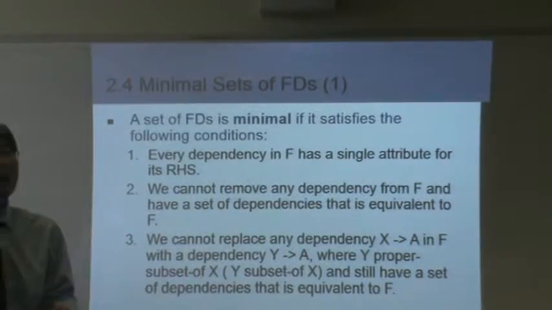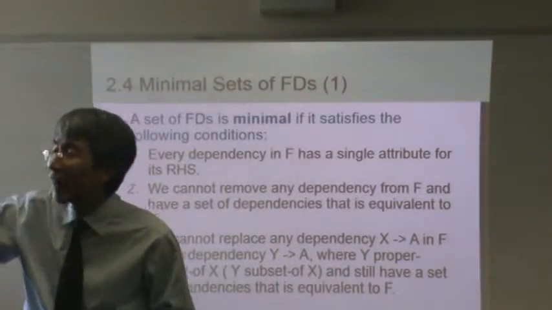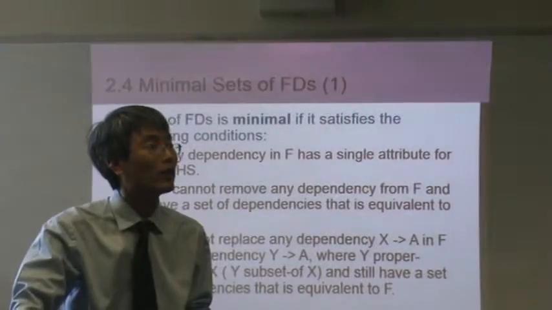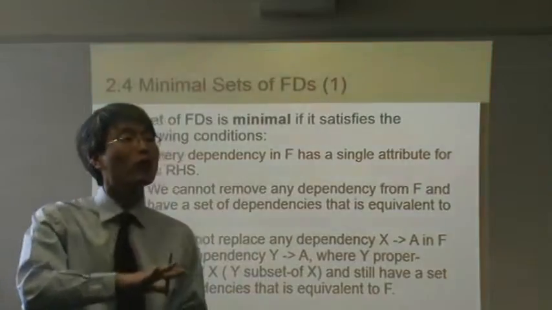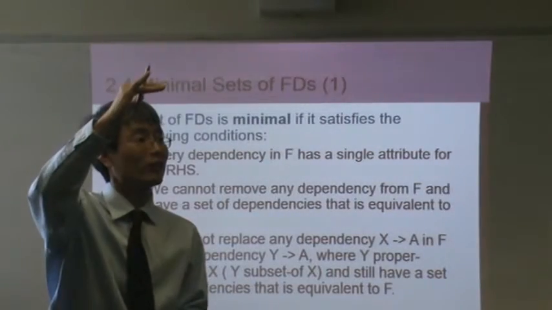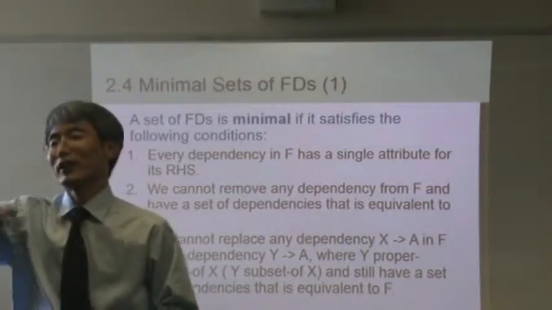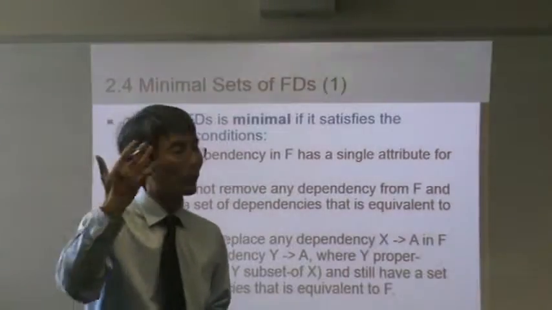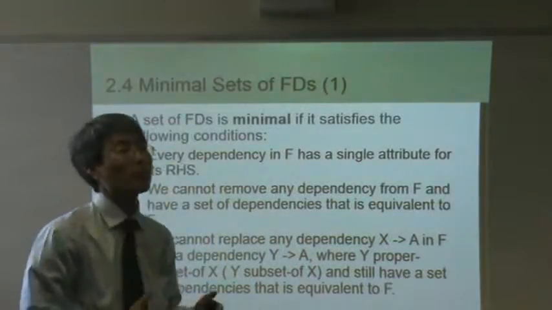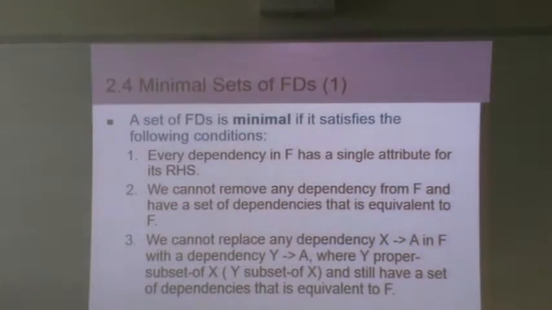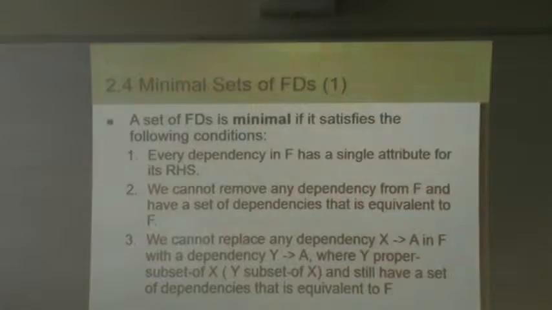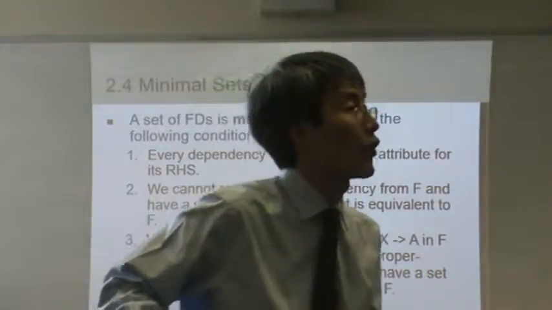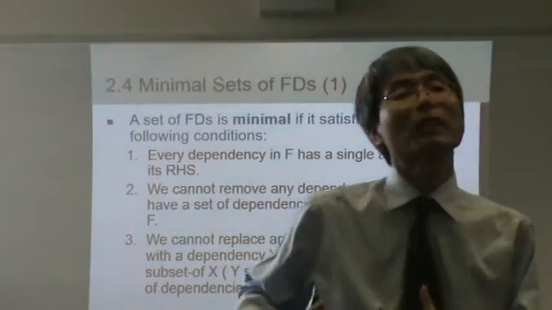Minimal means if we take out one of the attributes, that will be different from the original one. That's usually one of the ways to prove a theorem or equation or define such a minimal. Because it's minimal, if I take out something, no additional information, that will change the meaning of that functional dependency. So that is the minimal dependency.